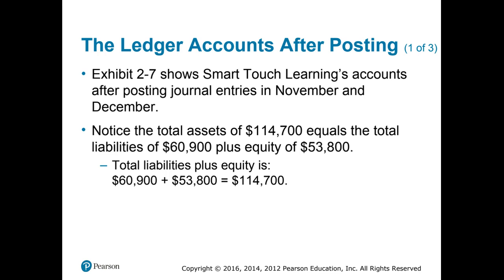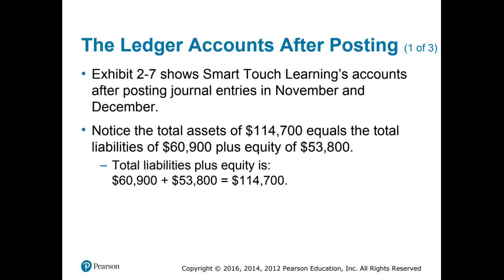So when we add these together, our total liabilities plus equity, the $60,900 plus the $53,800 right here equals $114,700. So that means that both sides will balance, right? Our assets equal our liabilities plus our equity.